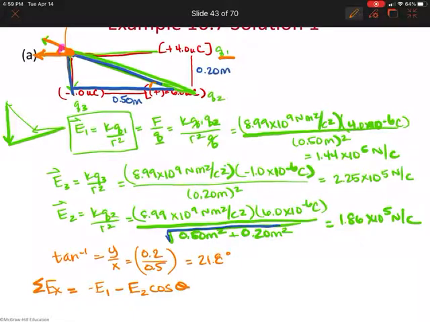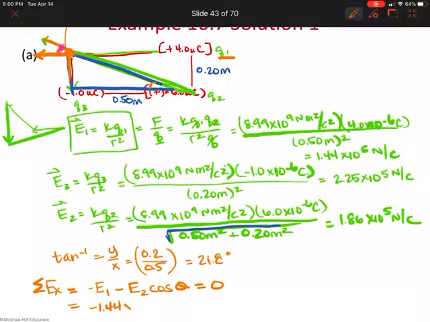Well, think about the x direction. If this was your coordinate system, that's going in the negative x there. And then E3 is going straight down here, so it has no x component at all. That's all equal to 0.